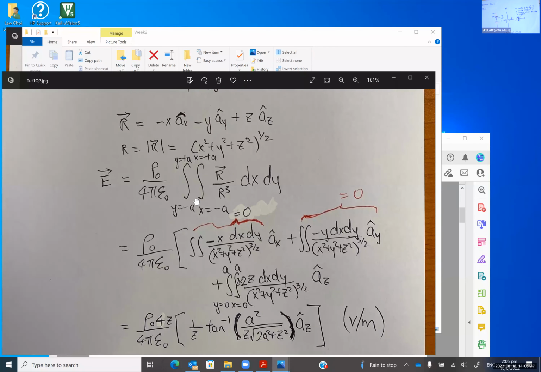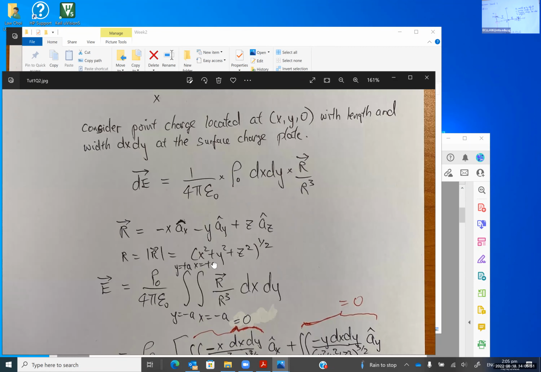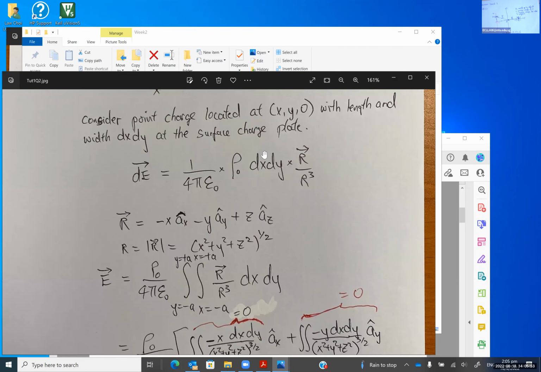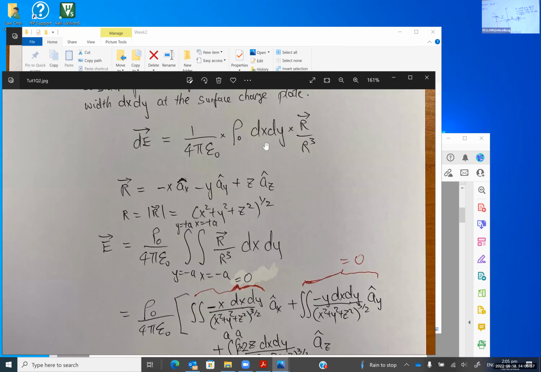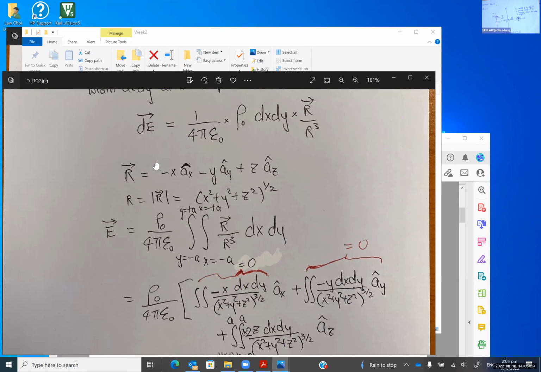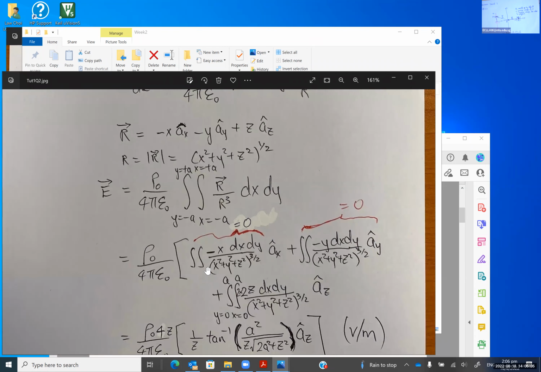And then, of course, the constant of rho naught over 4 pi epsilon naught is also there. It's outside here. And then the dy dx or dx dy, when I get the total E here, I have to do a double integral, right? So that's why you can see a double integral for x equal to minus a to x equal to plus a, and then y equal to minus a to y equal to plus a, right? That's what we have.